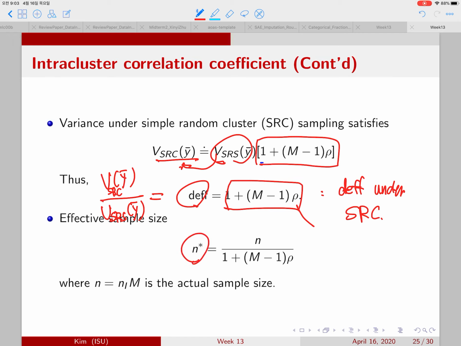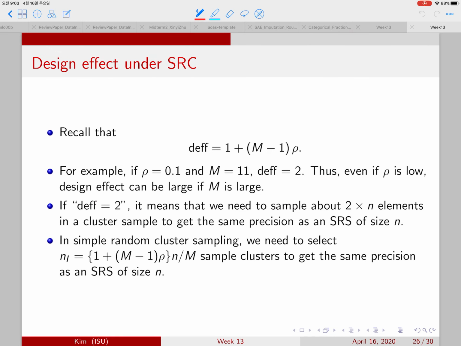So the sample size is N, which is actually n times M, right? You divide by the design effect, and that is the effective sample size. For example, rho is positive but usually not really high. Say rho is 10%, the correlation is 0.1.